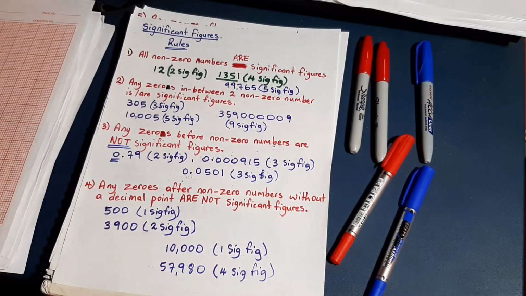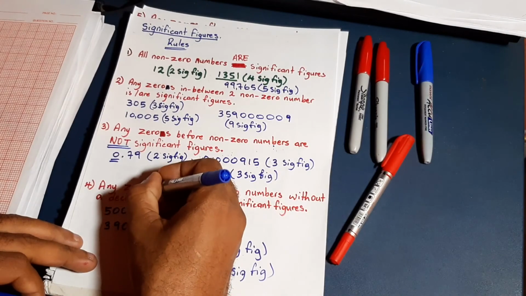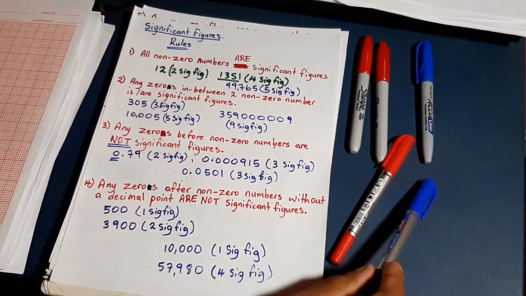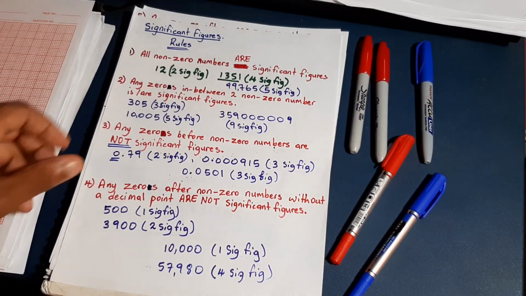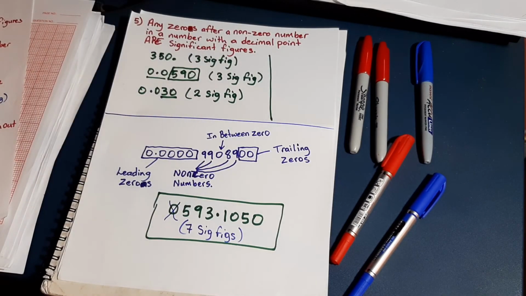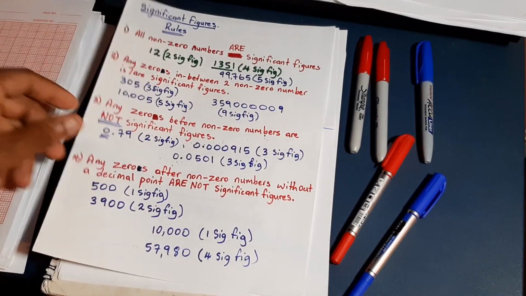Rule number 4, any zeros after non-zero numbers without a decimal point are not significant figures. And rule number 5, any zeros after a non-zero number in a number with a decimal point are significant figures. So hopefully this video helped you to understand significant figures a bit more.